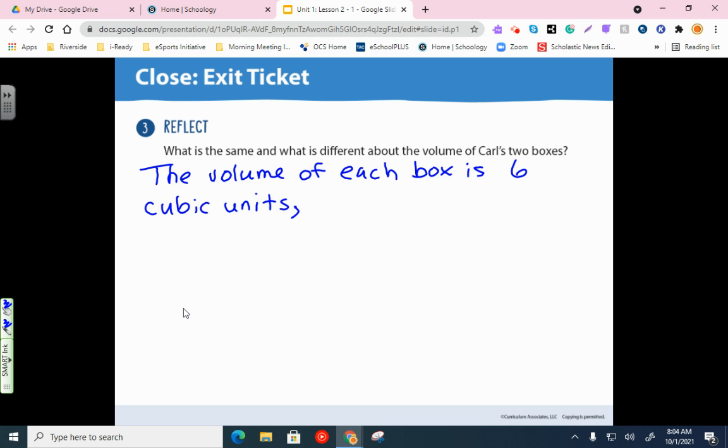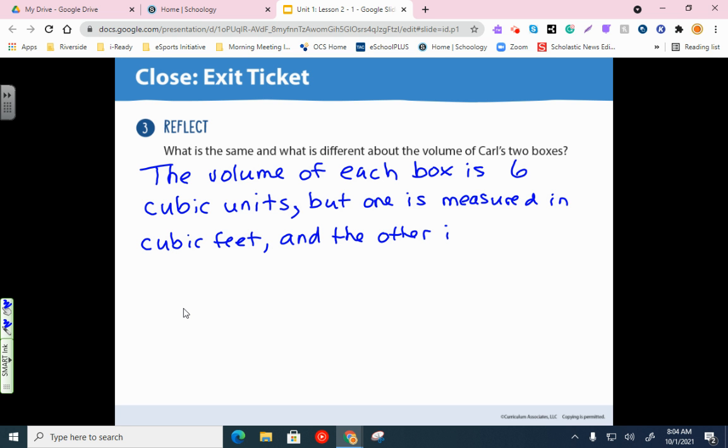But one is measured in cubic feet, and the other is measured in cubic inches. Kind of a long note, but on the whole, this is a very short lesson, so we can handle it. Cubic inches. And that's it.